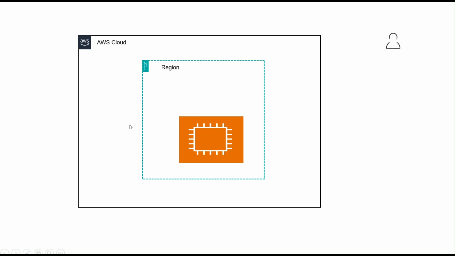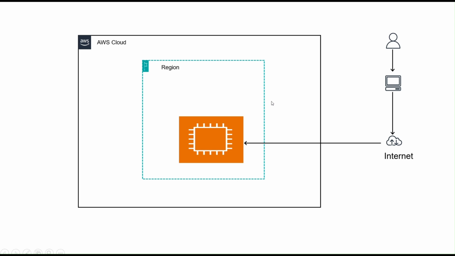Then the user connects from the laptop to the internet, and from the internet he has connected to the EC2 instance. In short, the user is accessing the EC2 instance over the internet. This approach we have done till now.